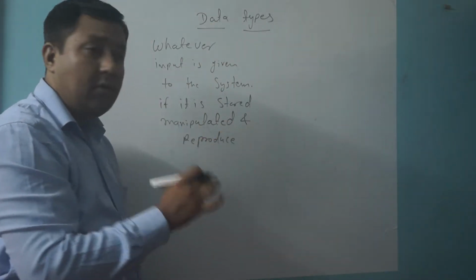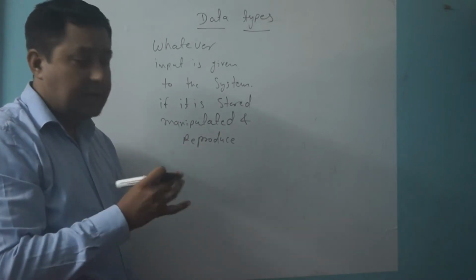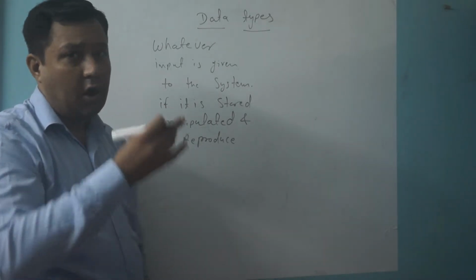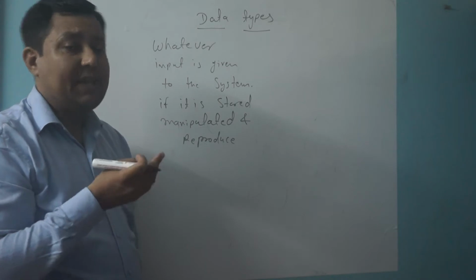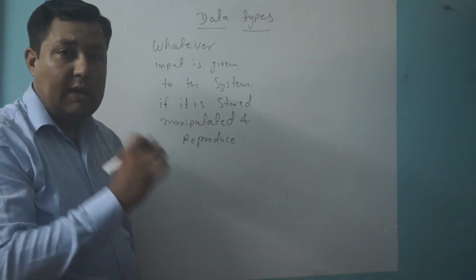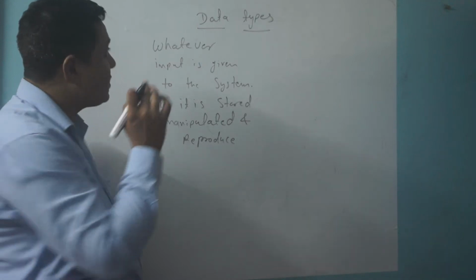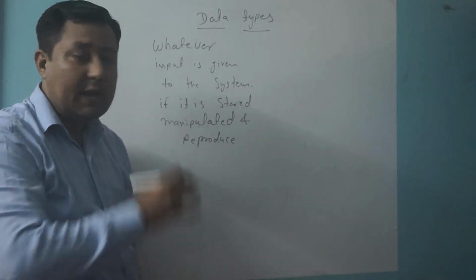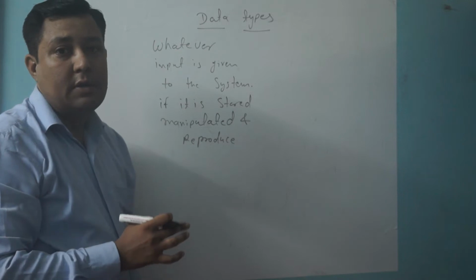It can be images, it can be sound or audio, it can be video, it can be text. Everything from the given input devices is called data in the reference of the computer.